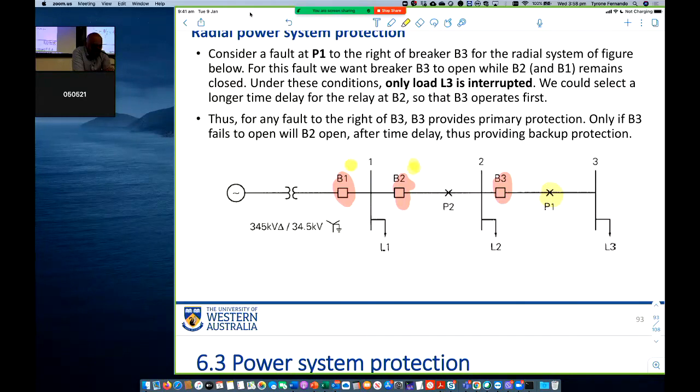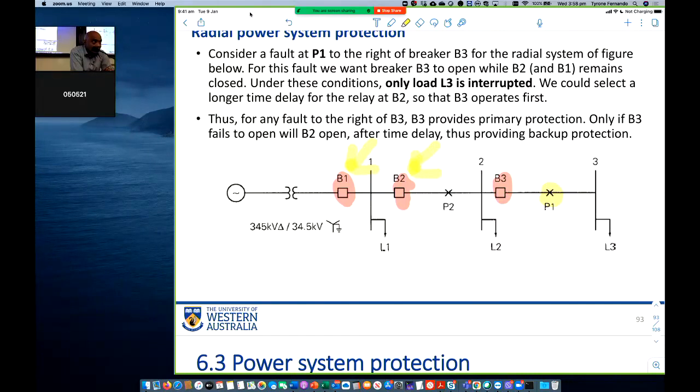B3 must activate instantaneously, B2 after a time delay, B1 even after a further time delay. But those will only activate with time delays if B3 does not disconnect because of a fault of its own.